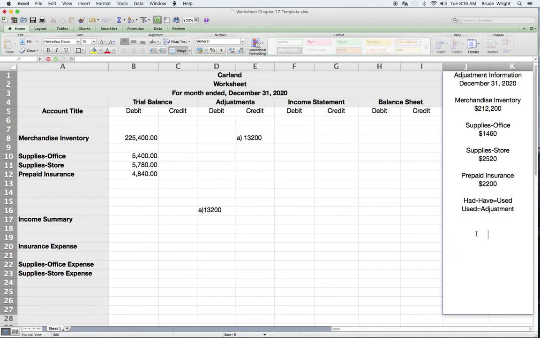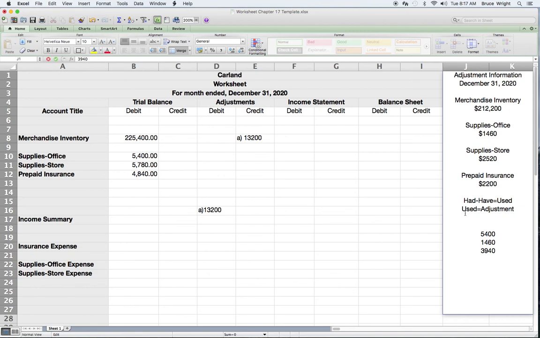We had 5,400, and now we have 1,460. So we have to subtract, and that leaves us that we used 3,940. So that is the adjustment.